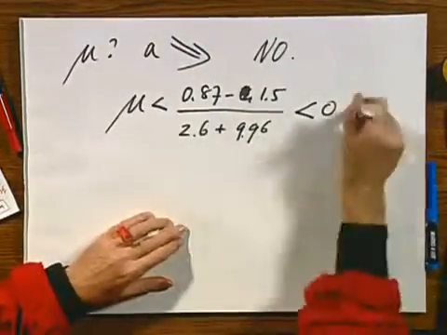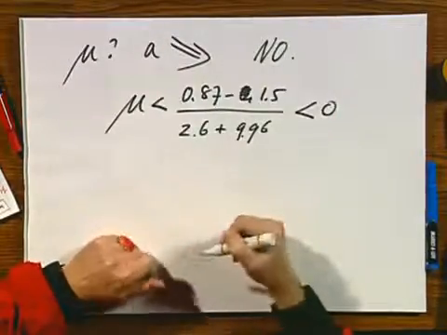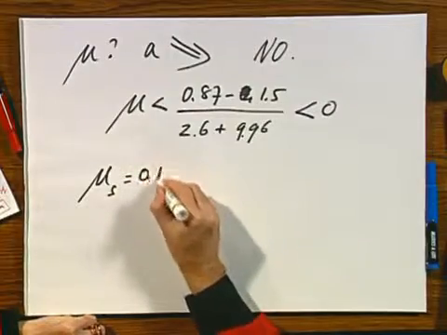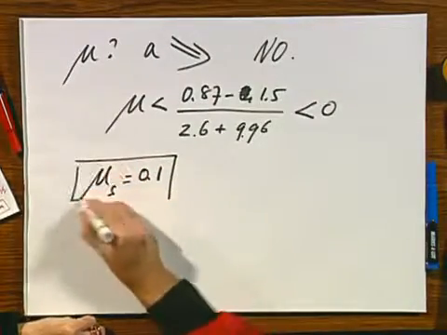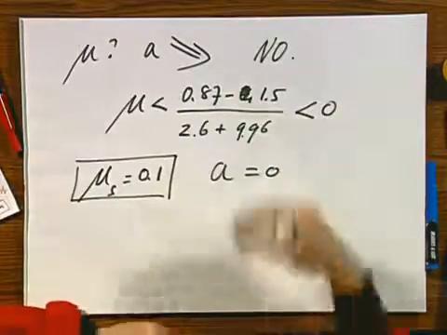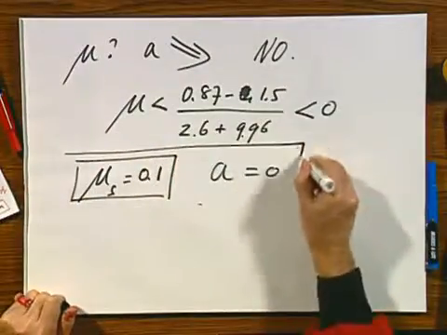If you take mu static equals 0.1, the only conclusion I must draw is that A must be 0, because I don't meet either one of my conditions. I don't meet the mu condition for the acceleration going downhill, nor do I meet the mu condition for A going uphill. And so I want you to work on this a little bit.